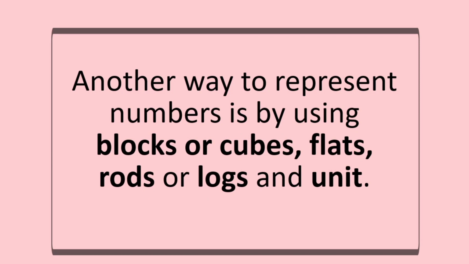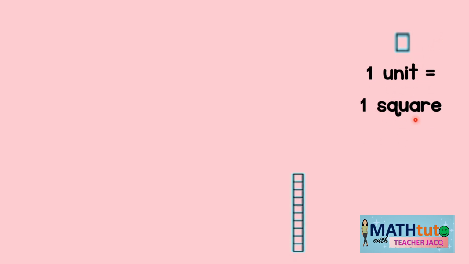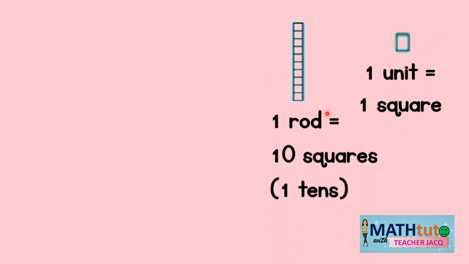Another way to represent numbers is by using blocks, cubes, flats, rods, logs, and units. 1 unit is equal to 1 square. 1 rod is equal to 10 squares, or 1 tens. Simply, 1 times 10. A total of 10 squares in 1 rod.